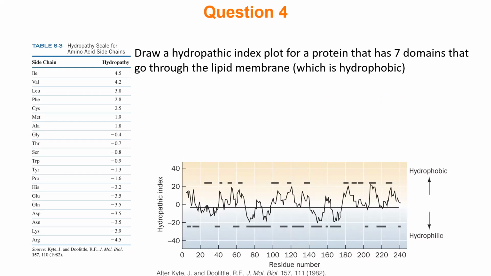So let me draw that for you. So my protein, 1, 2, 3, 4, 5, 6, 7. Basically looks like this. I want you to figure out what the hydropathic or hydrophobicity plot looks like. So I'll give you a couple minutes to do that. And then I will show you what I have. If you have questions, please let me know.